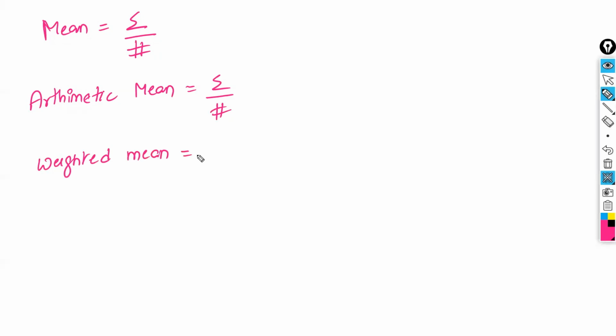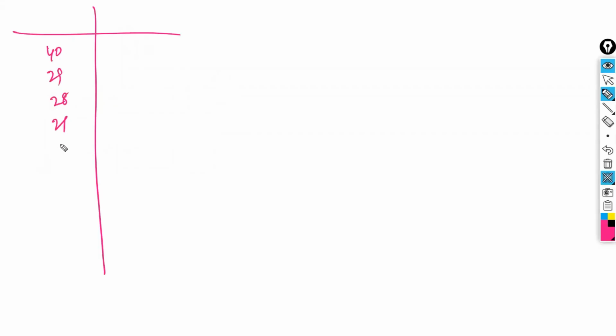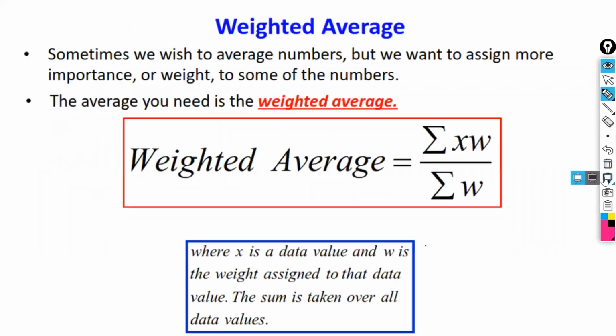Now, what is the difference between arithmetic mean and weighted mean? Let us take some data points: 40, 30, 60, 20, 50.